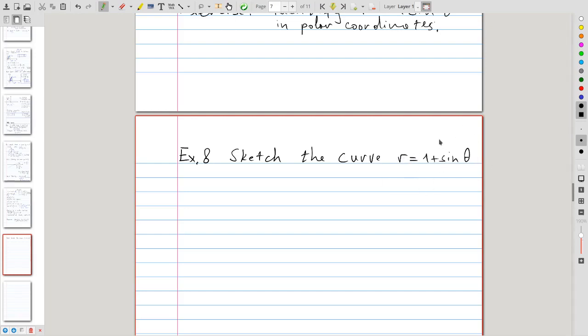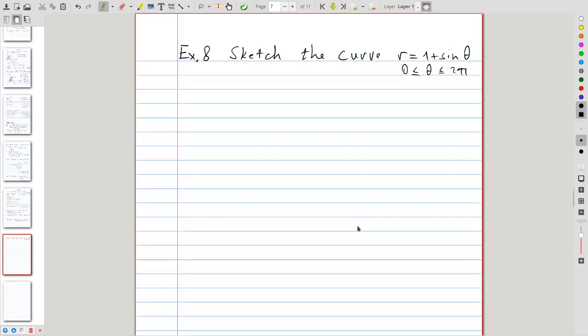Here, as explained above, we can assume that theta is between 0 and 2 pi, because that is the period for the angle theta. If I add 2 pi to theta, I end up at the same point in the plane as the one I start with.